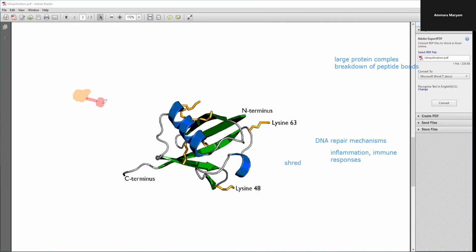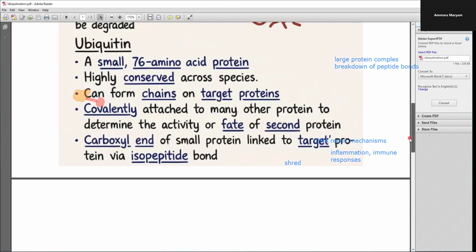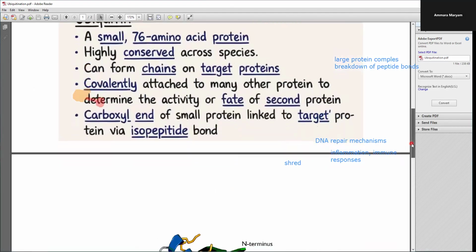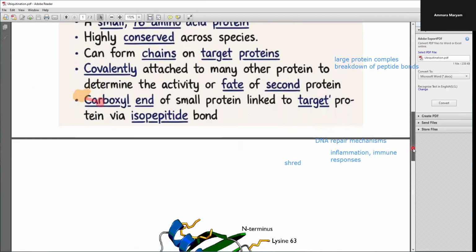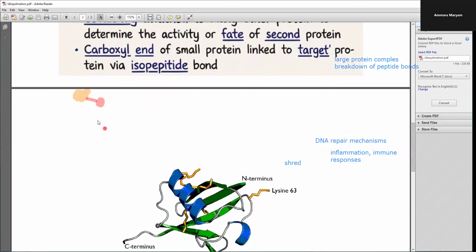Now this ubiquitin molecule will attach to the target protein through the lysine residue. Let me write here. Now this is basically covalently attached to the other protein. Now this carboxyl end of this small protein is linked to the target protein through the isopeptide bond.